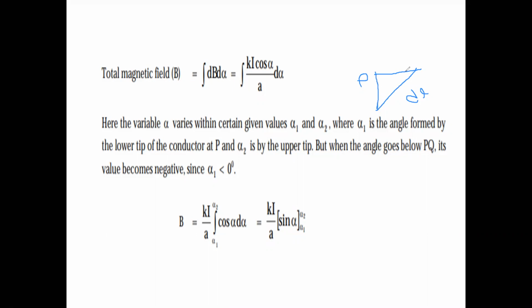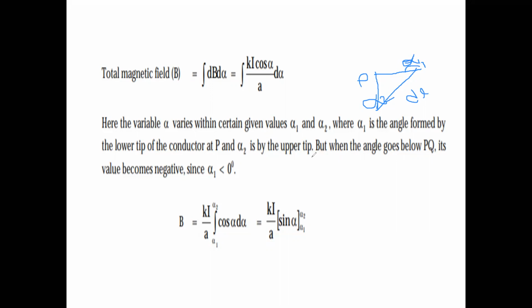Here this is alpha 1 and this is taken as alpha 2. So it is clear that alpha varies from alpha 1 to alpha 2.